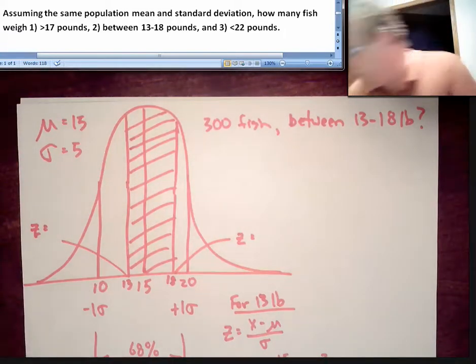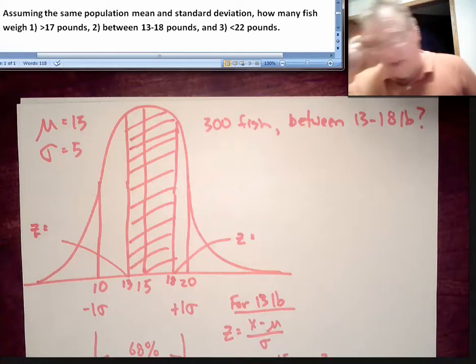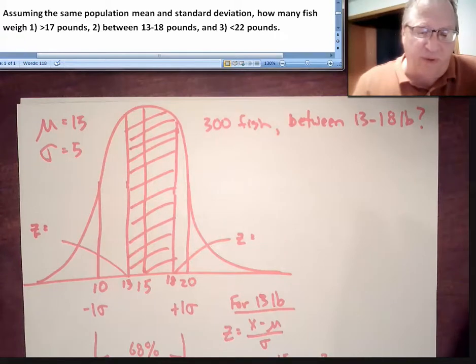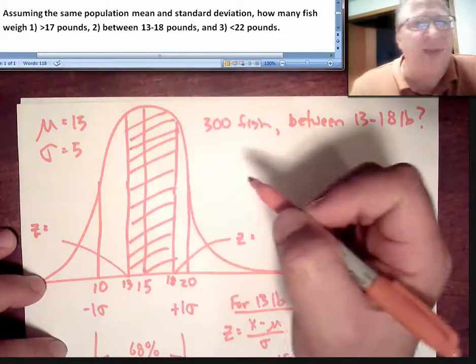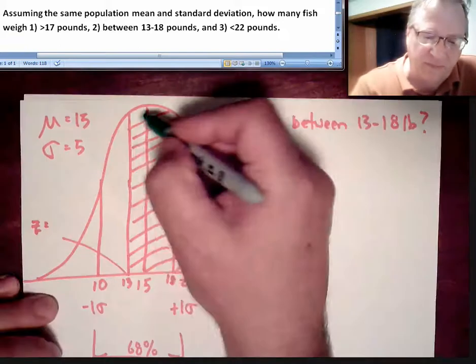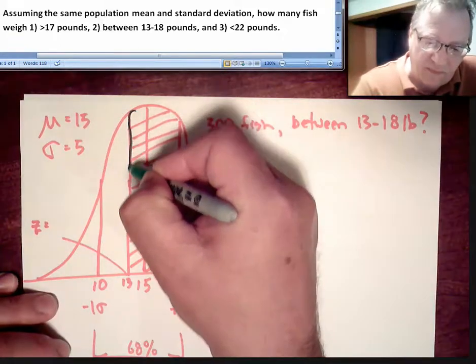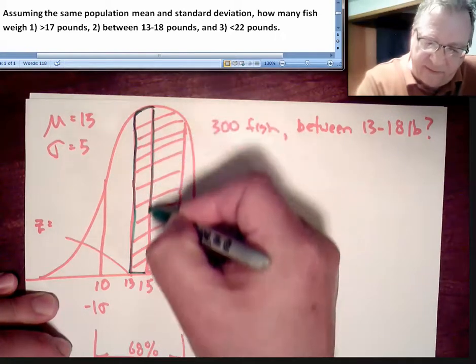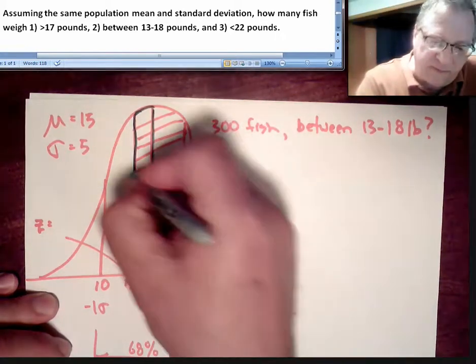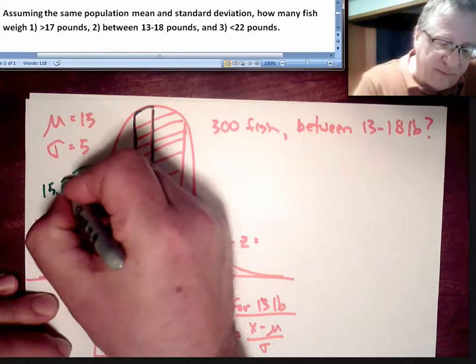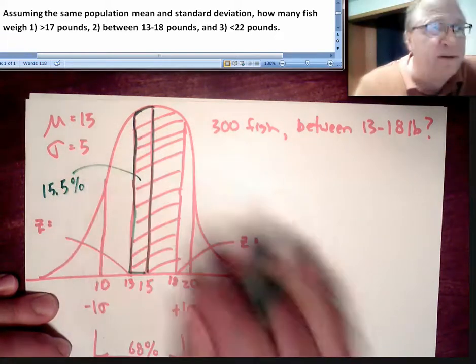I'm looking up a z of 0.4. Oh yeah, we had that one in the last problem. We find the value 0.155. And what that value represents is this area. It's 0.155 or 15.5%.